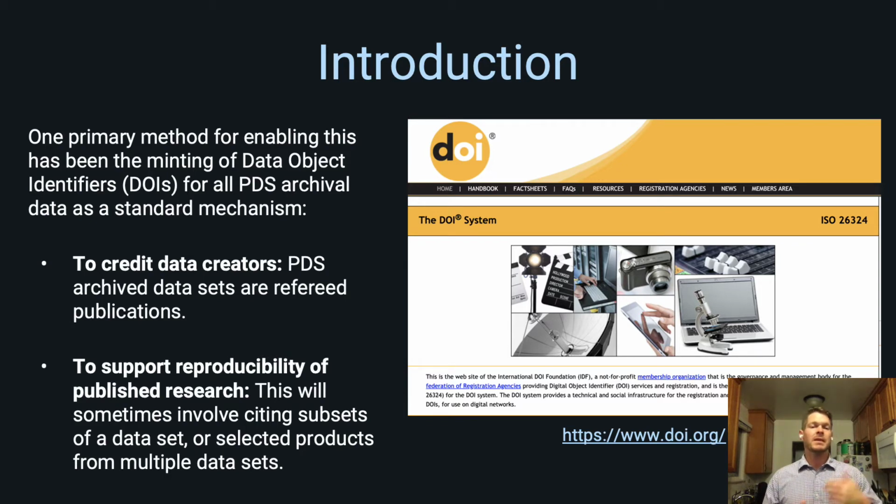archival data is, for one, we want to give credit to the data creators. We want to make sure there's a DOI for folks that create their data so they get the credit where credit is due. And also to support reproducibility of published research.